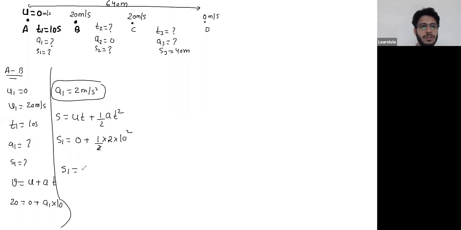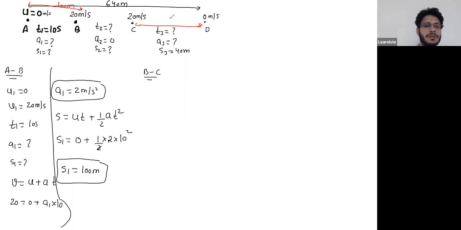So your S1 comes out to be 100 from A to B. Then let's solve it from B to C. If the displacement from A to B is 100 meter and this is 40 meter, can you guess the distance from B to C? 60. 500.